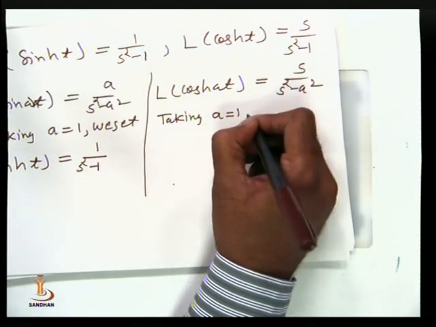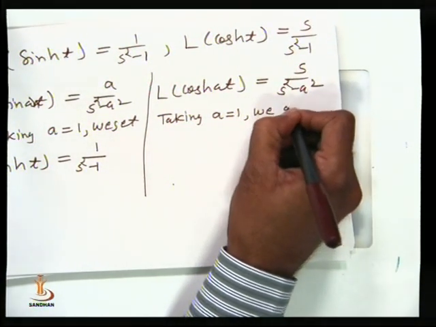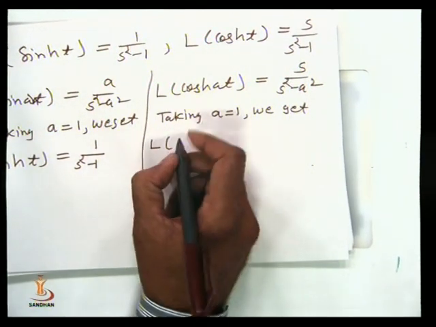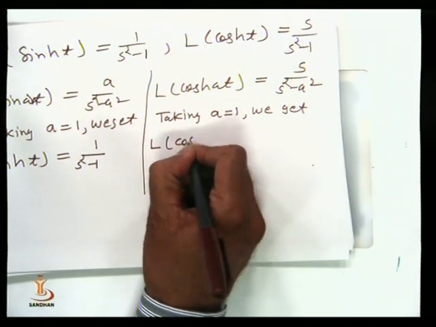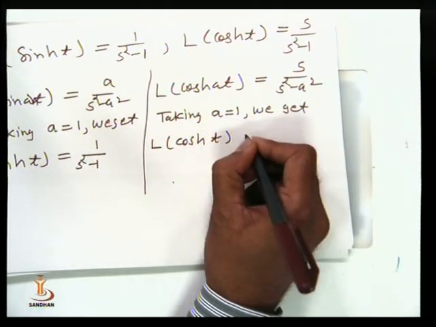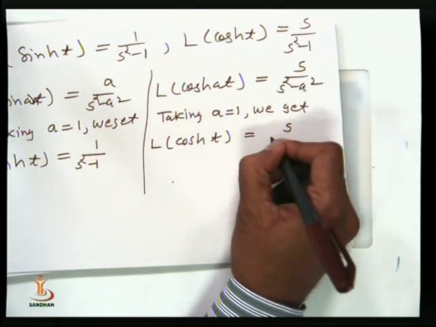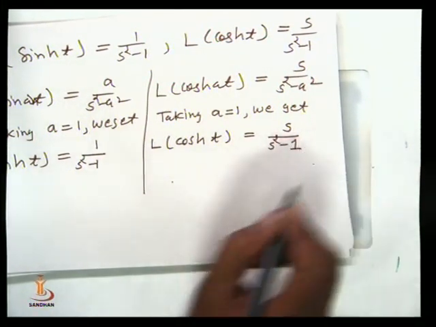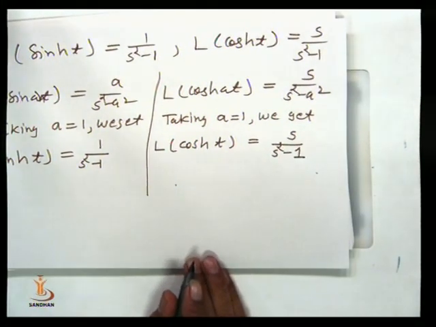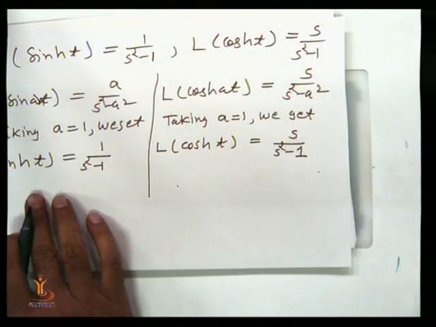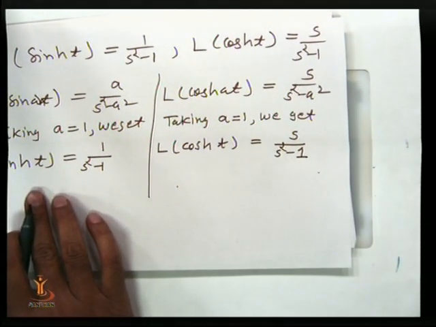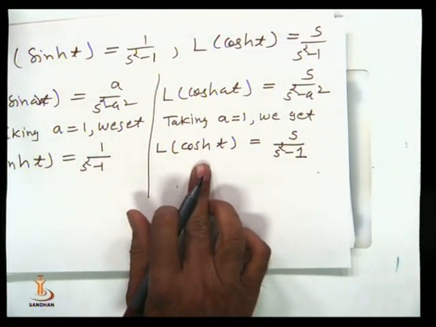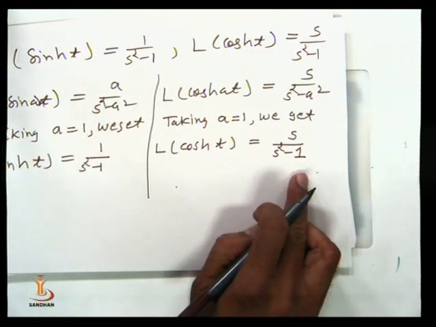Taking a equal to 1, we get Laplace of hyperbolic cos t equal to s upon s square minus 1 square, that is 1. So we have derived two corollaries. Laplace of hyperbolic sin t is 1 upon s square minus 1, and Laplace of hyperbolic cos t is s upon s square minus 1.